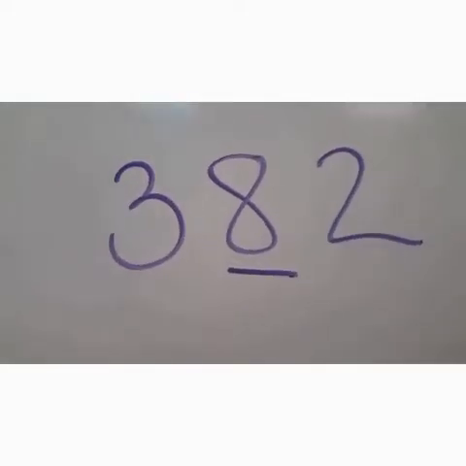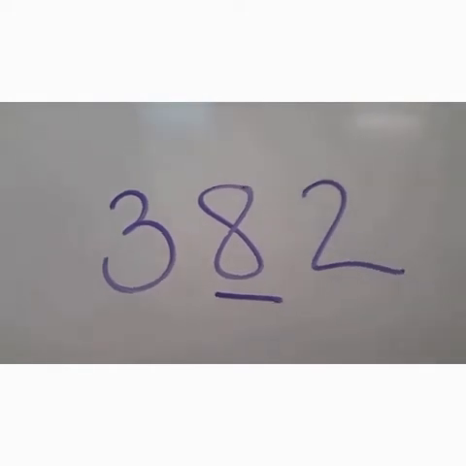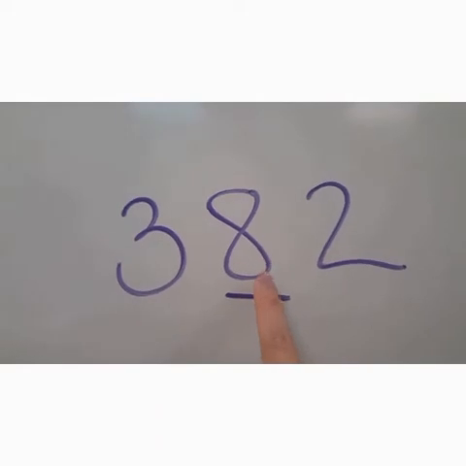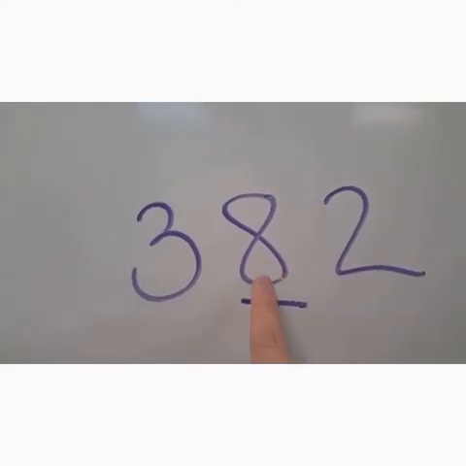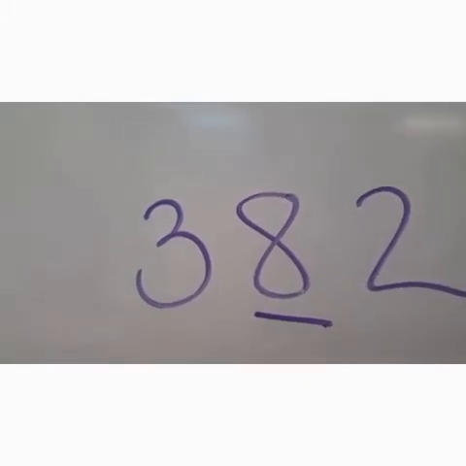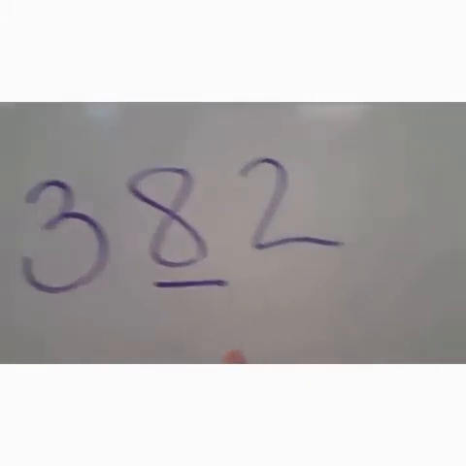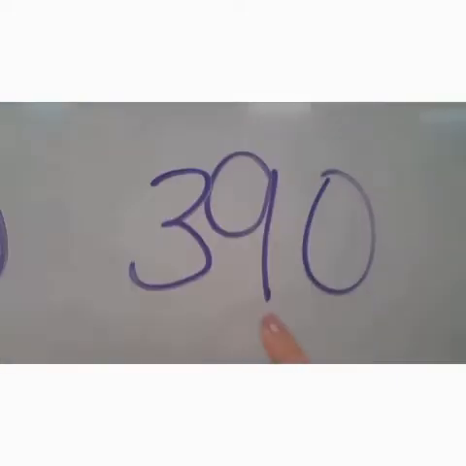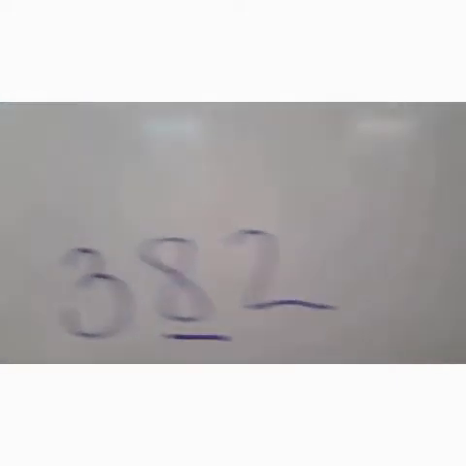All right, let's look down at the next one, 382. If you notice, the place that is underlined is actually the tens place this time. So we're trying to figure out if we're going to round to the nearest 10. Are we going to round to 380 or 390? Those are our only options.